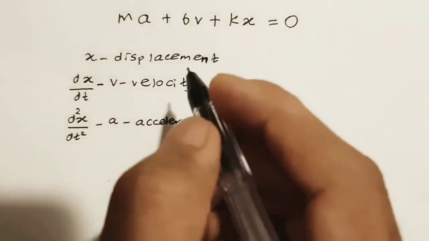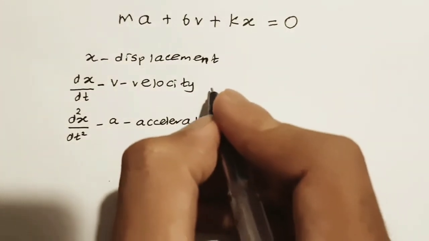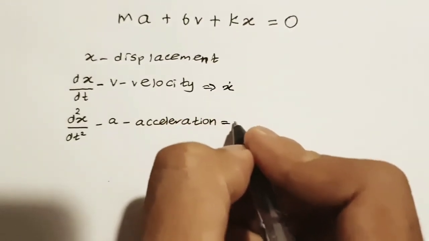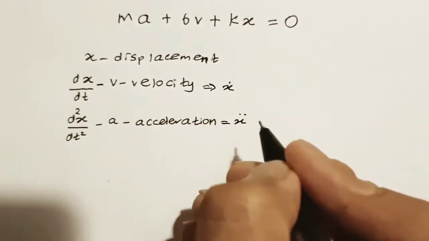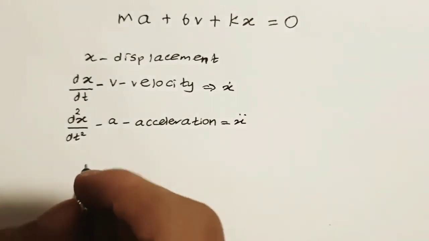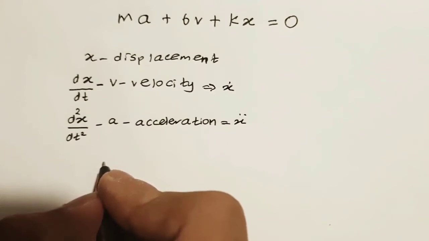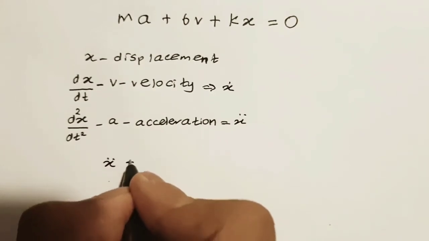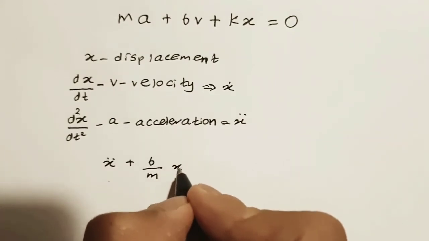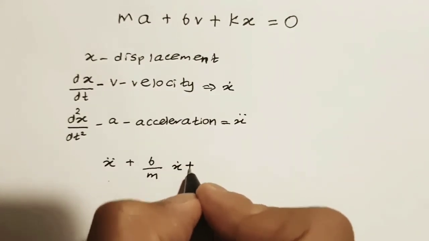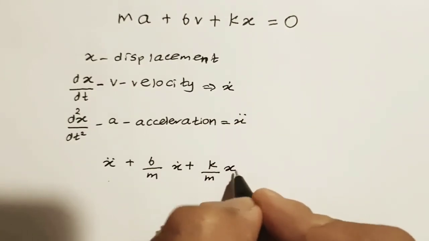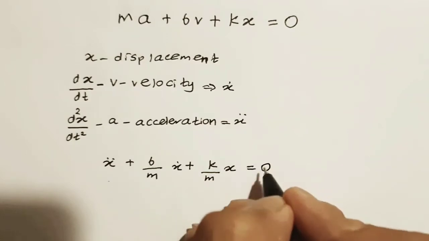The first derivative we can take as x dot and the second derivative we could take as x double dot. When we add these terms, we can simplify it further down to x double dot plus b over m x dot plus k over m x equal to 0.